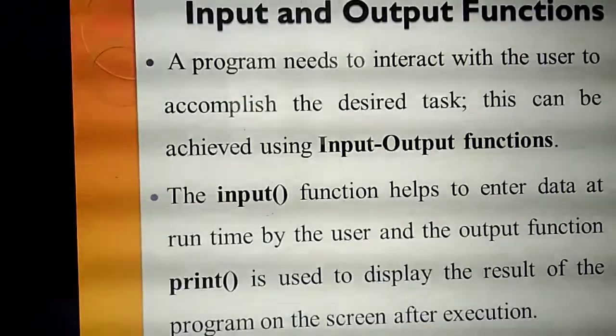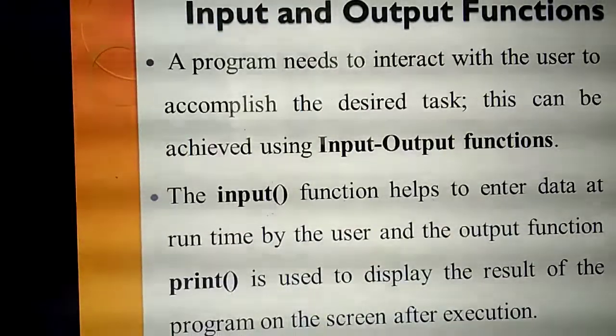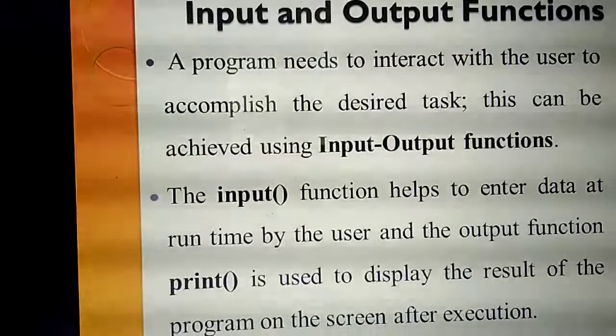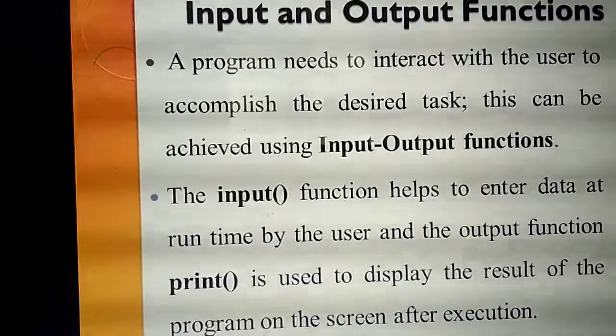The user needs to interact with the system to perform a particular task, or you expect some output from the program. For that you need to give proper input. You perform input and output by using two functions called input and output functions.